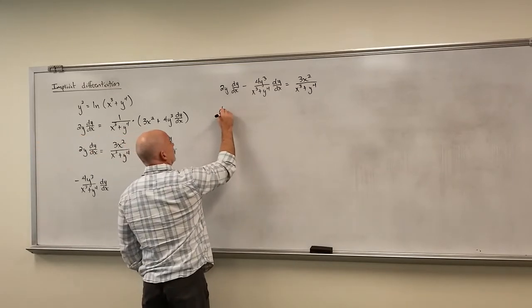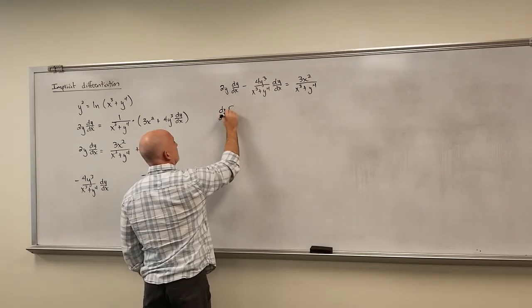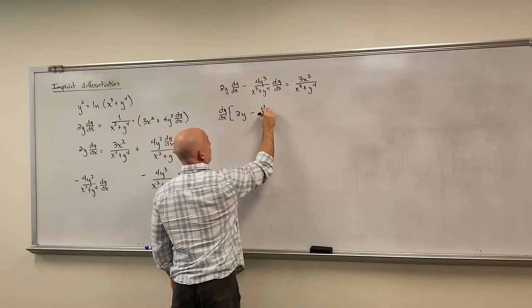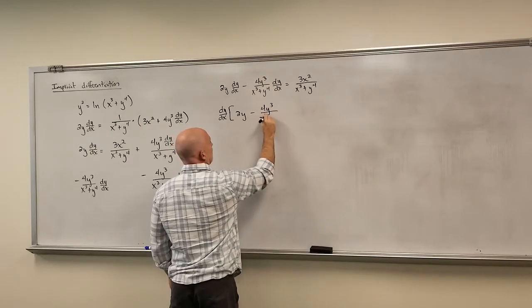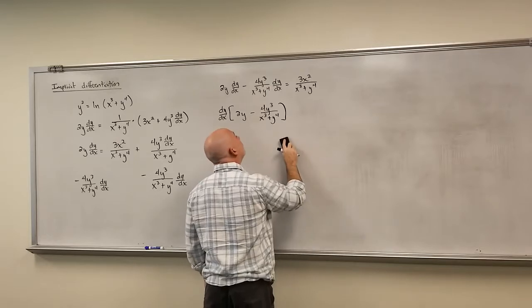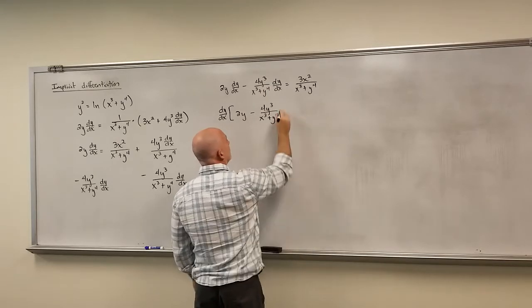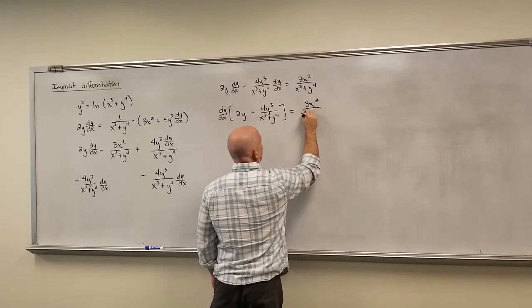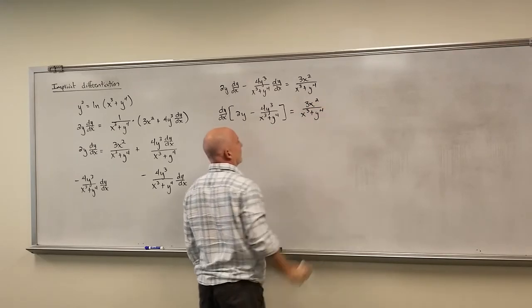Now we're going to factor out a dy dx. I'll use some big brackets here. So we have 2y minus 4y to the third over x cubed plus y to the fourth, equal to 3x squared over x cubed plus y to the fourth.